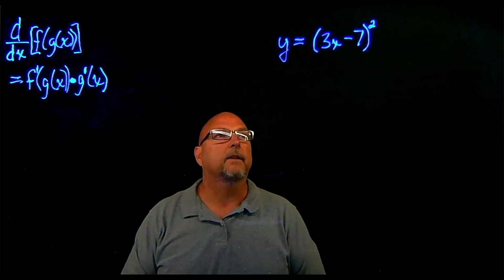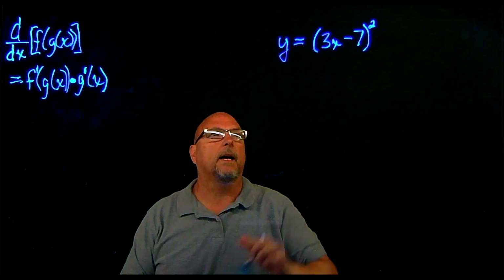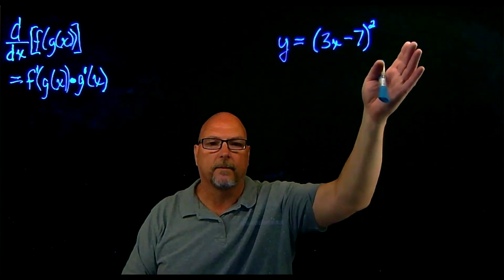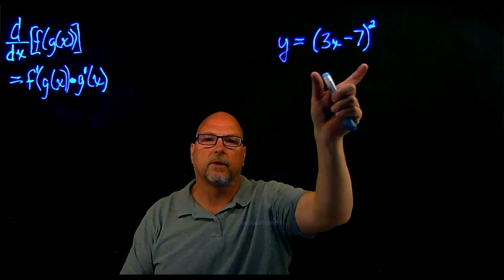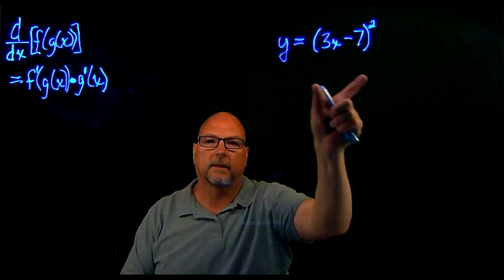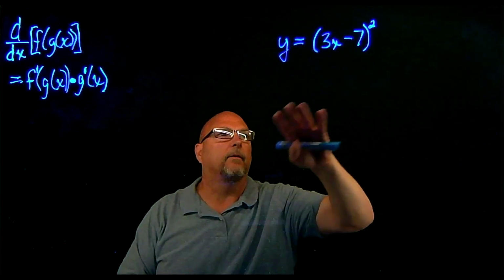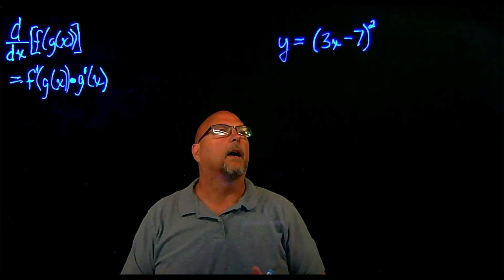So in any event, suppose you had a problem like this: y equals the quantity 3x minus 7 squared. Easy enough. Ordinarily what you would do is multiply 3x minus 7 times 3x minus 7, FOIL that out, and then you could differentiate it term by term.